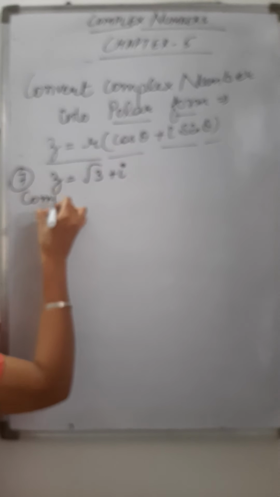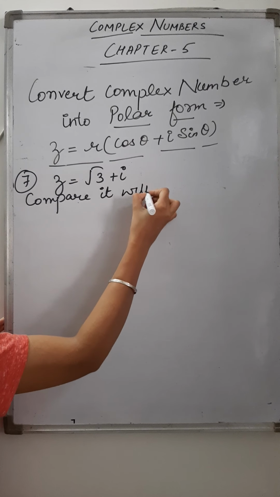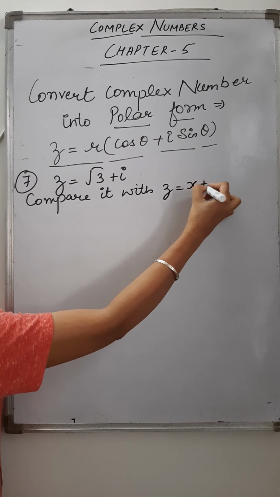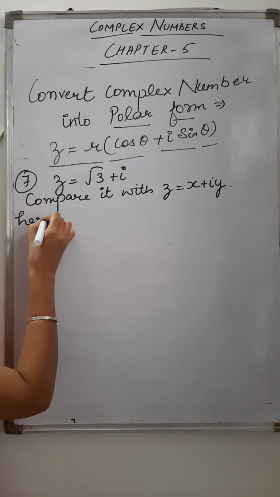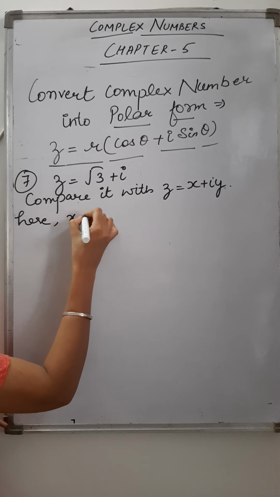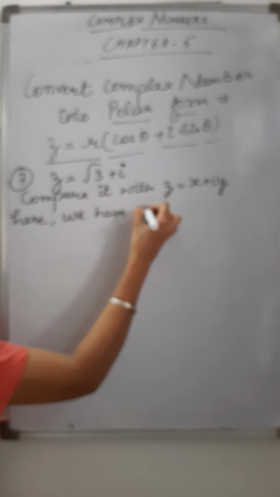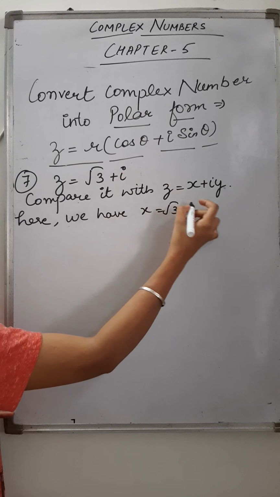Compare it with z is equals to x plus iota y. So here we have x is under root 3 and y is 1.